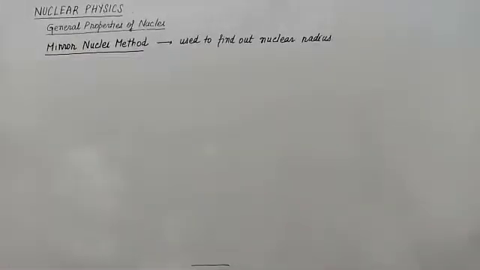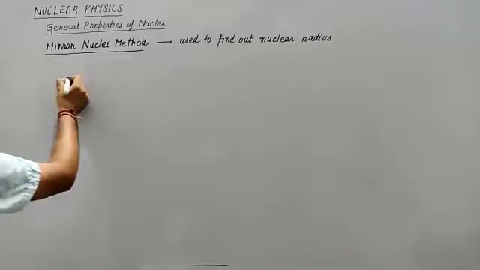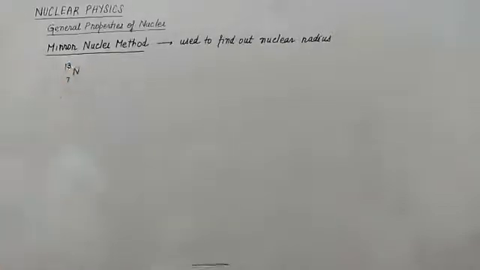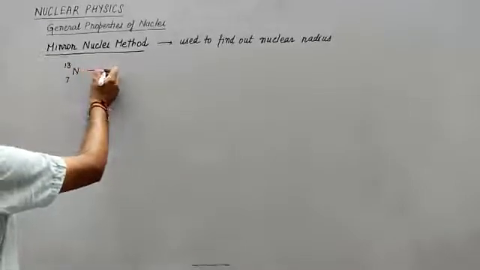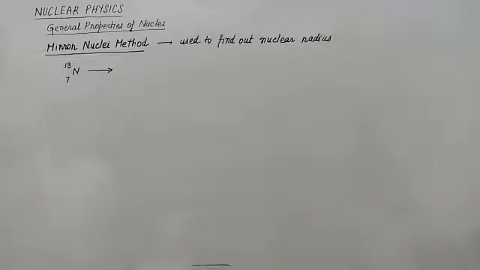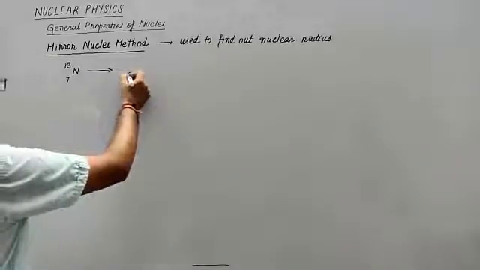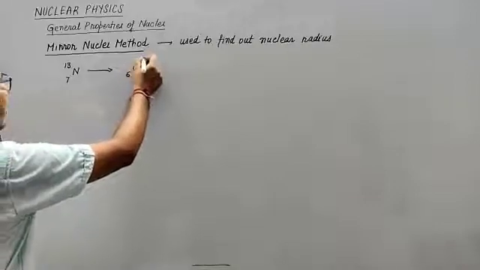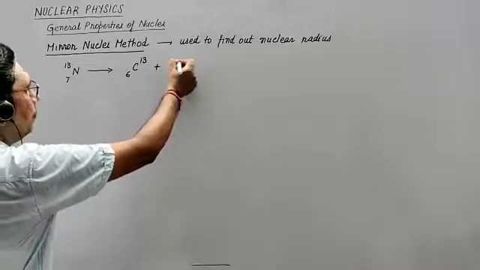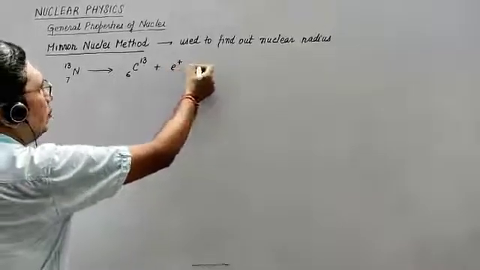Consider an example of 7N13. This 7N13 is an unstable nucleus. It decays via positive beta decay, and it will convert into 6C13 plus a positron plus a neutrino.